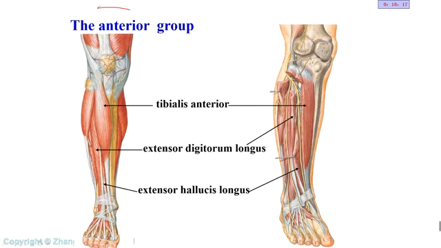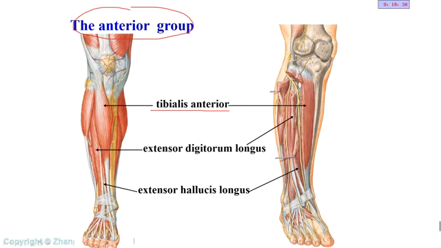First, let's see the anterior group. Here on the back is the tibia, so in front of it there is a muscle, tibialis anterior. Now, please touch your leg. You can touch the anterior border of your tibia.